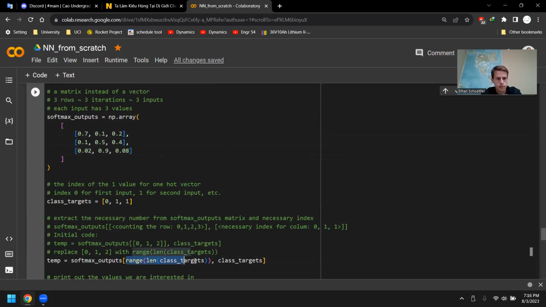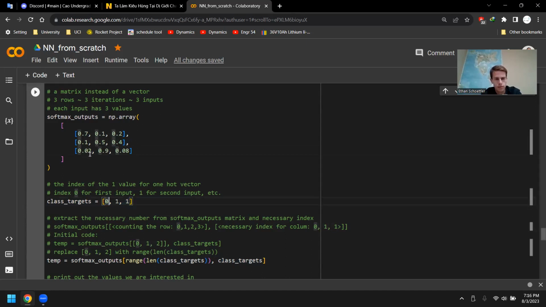And this one is just generalized when you have a bigger matrix. You have 4 rows, it's going to go from 0 to 3. And if you have more rows, it's going to just continue doing that instead of you hard coding the number in. For the class target, it is simply the index we're interested in, because the index is also matched with the number of columns in the matrix.